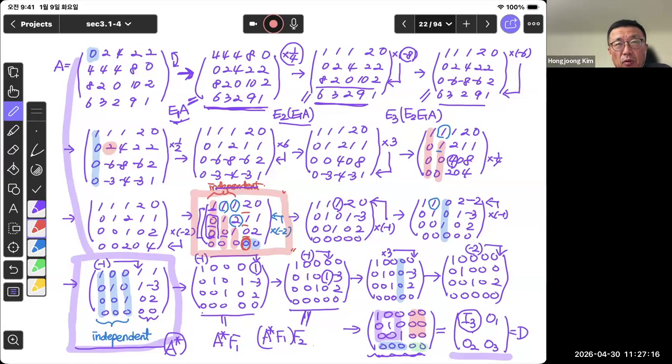So when I perform the elementary row operations, the matrix corresponding to A star will be the identity matrix. In other words, if A were a 4 by 4 invertible matrix, then this A star will be the 4 by 4 identity matrix.